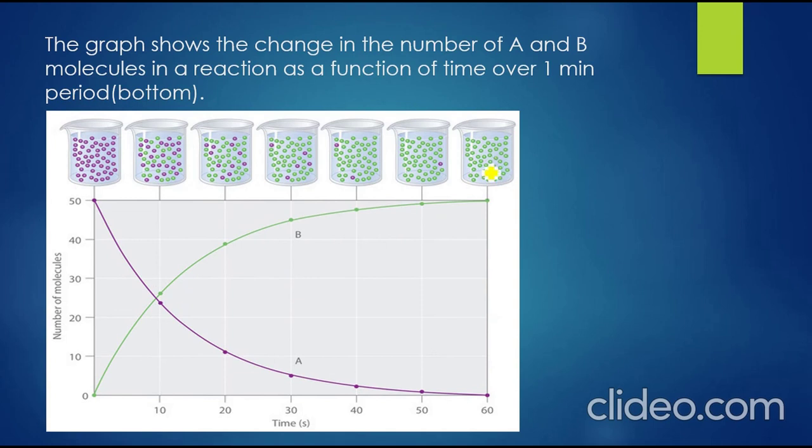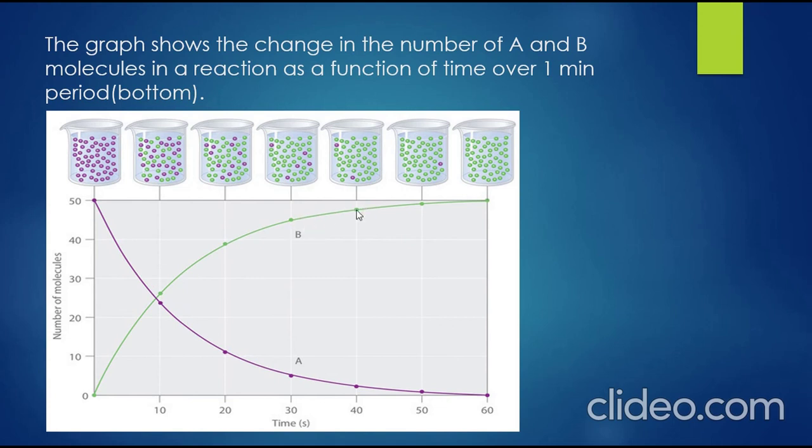So we can simply say that the concentration of purple molecules was decreasing with time, while the concentration of B molecules was increasing with time.